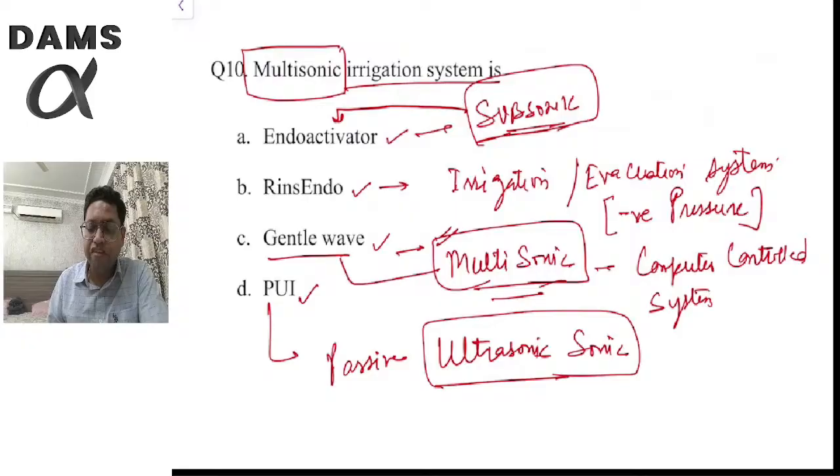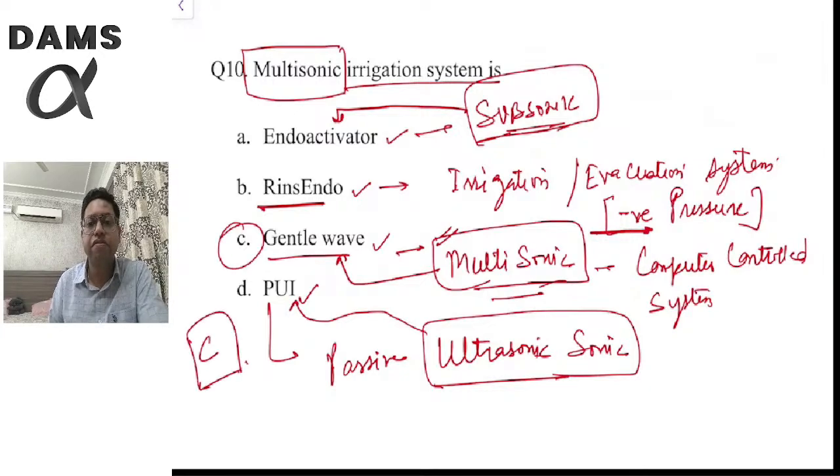Example of multisonic is gentle wave. And example of ultrasonic is passive ultrasonic irrigation. And what is rinse endo? It is not related to sonic frequency. It is an irrigation evacuation system that works under negative pressure irrigation of the root canals. Question is asking you multisonic. So what would be the answer? Option C, gentle wave would be the answer over here.